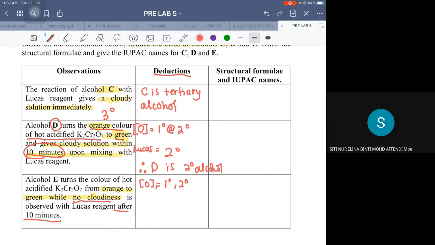Kalau secondary tadi 10 minit ada cloudy, sekarang 10 minit tiada cloudy. So kita boleh anggap dia adalah, okay, bukan D, E lah. E is primary alcohol. Ada oxidation tapi dengan Lucas negatif. So itu adalah ciri primary alcohol. Okay, sekarang kita cuba lukis structure ini.